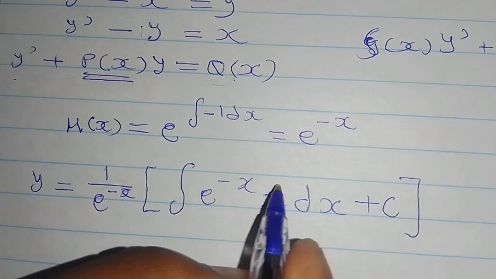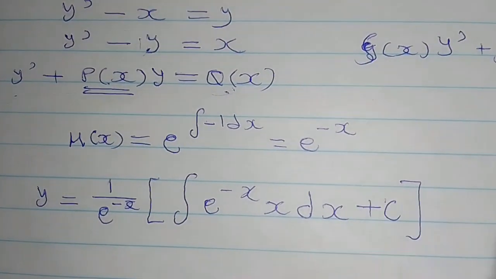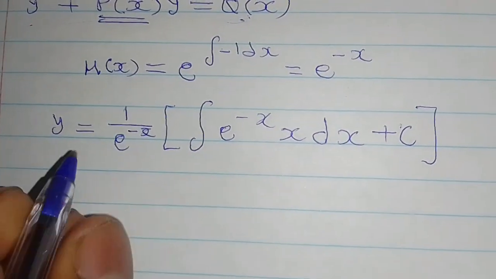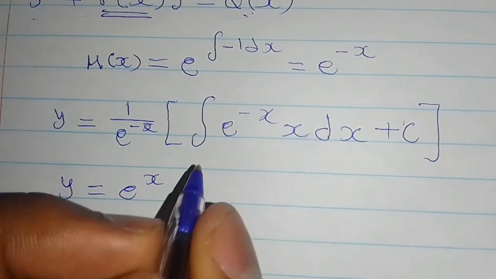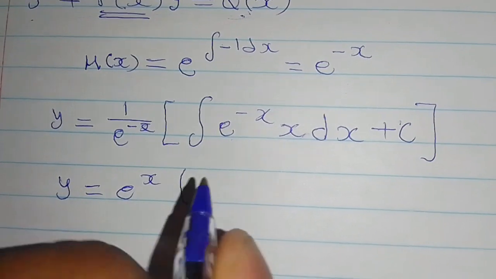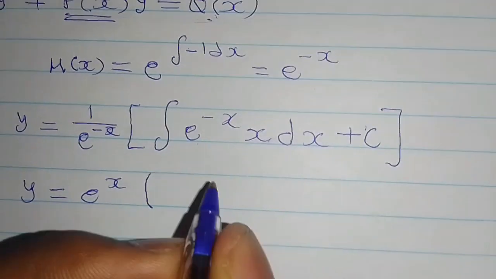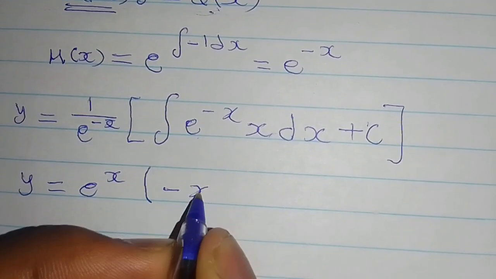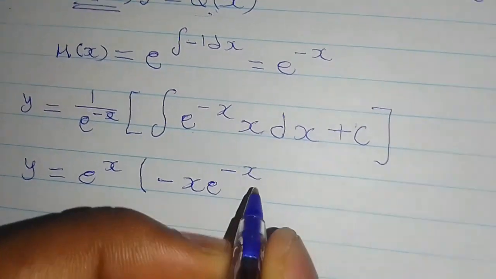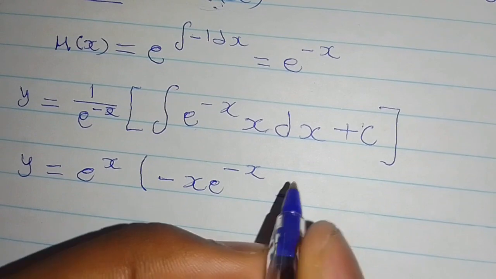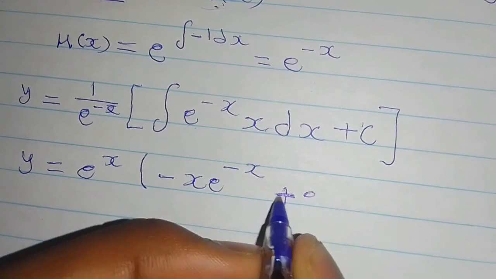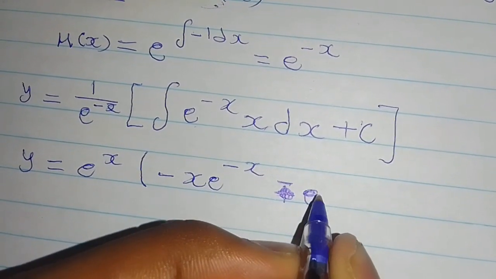And then 1 over e to the power of minus x, that's just e to the power of x, and then the integral of this, obviously you're going to use integration by parts, and then from here you're just going to have minus x e to the minus x, and then plus, okay, so it's going to be negative e to the power of minus x.